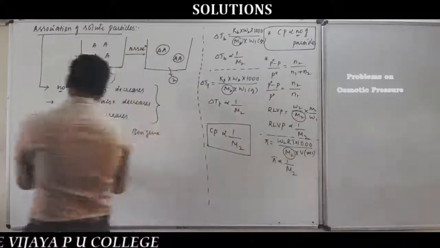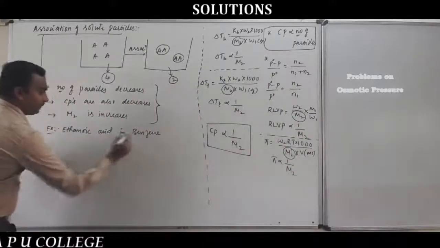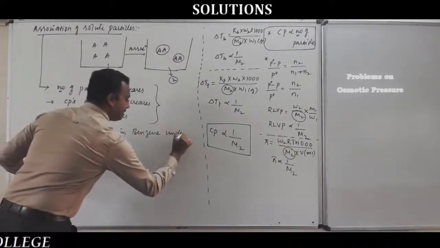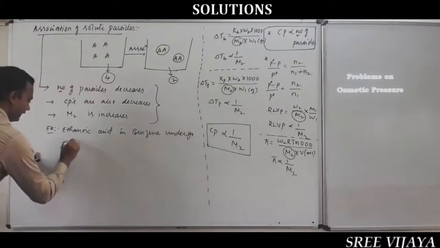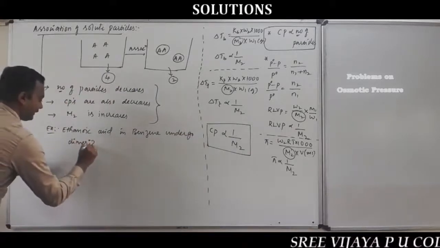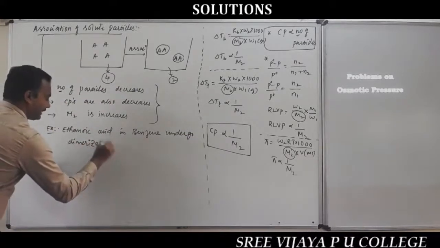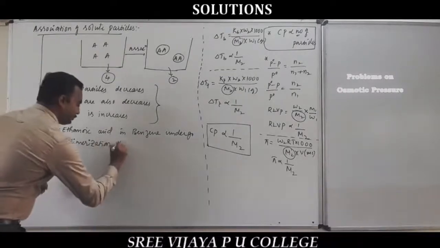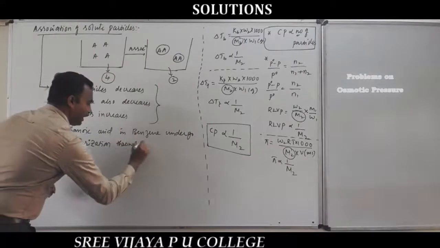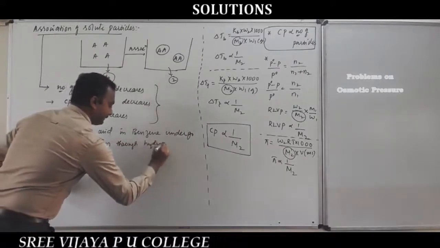Especially, ethanoic acid in benzene undergoes dimerization. How will the dimerization take place? Dimerization through hydrogen bonding.